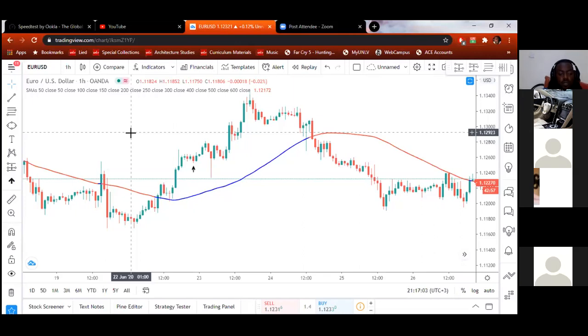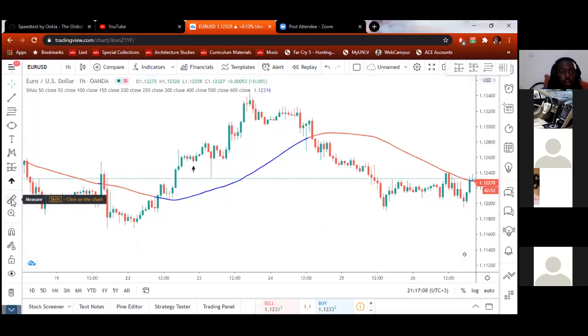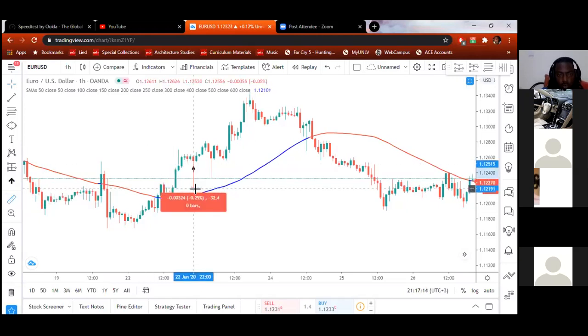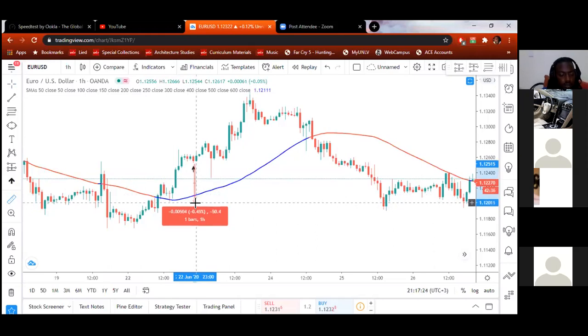That would be 50 pips, okay? So you're okay with your stop loss being 50 pips. As soon as we enter here, let's try and plot what that looks like, something like that.